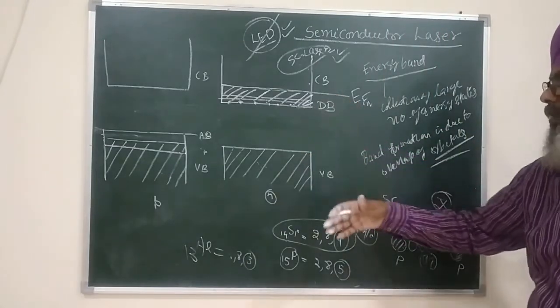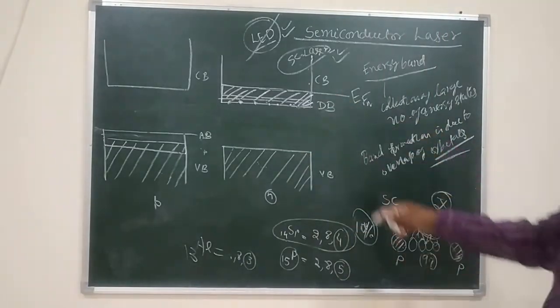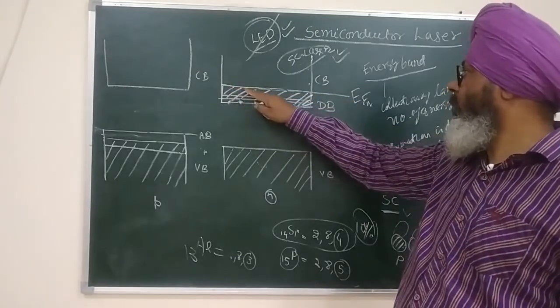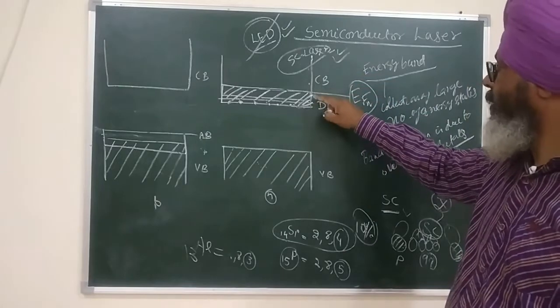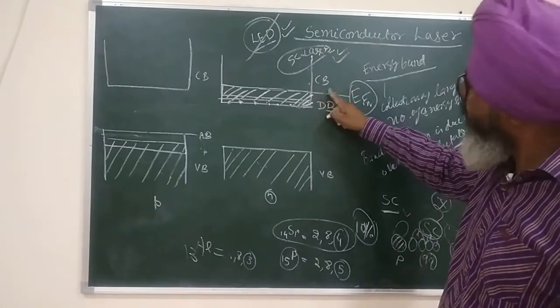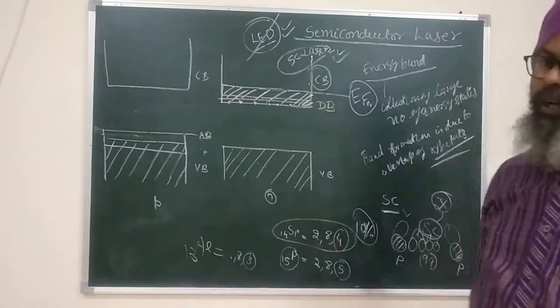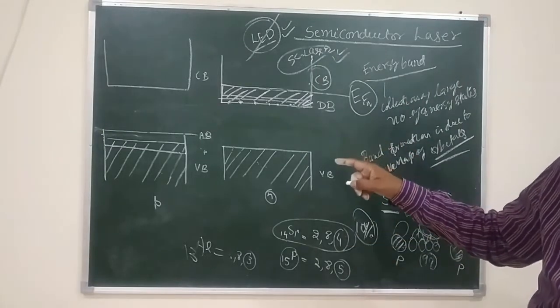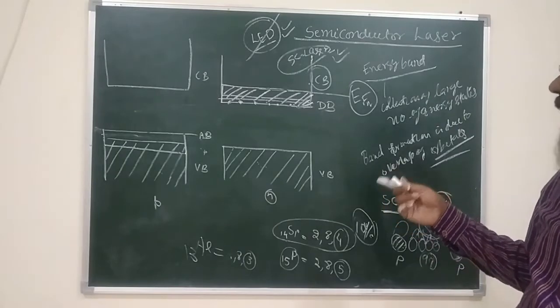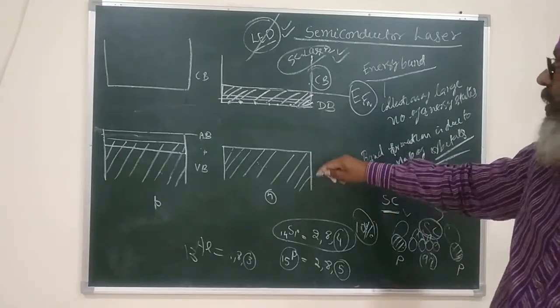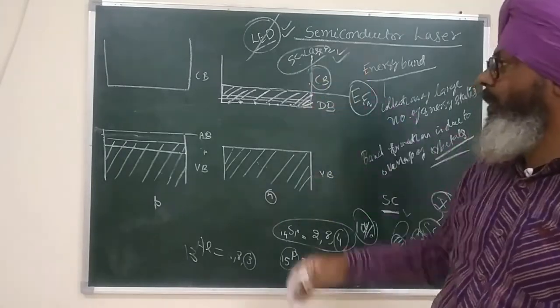Now since the donor band is spreading into the conduction band, the top edge of the donor band, which is actually the Fermi level or Fermi energy of the n-type semiconductor, will now be inside the conduction band. Kindly remember, the Fermi level of a highly doped n-type semiconductor is not in the energy gap, it is rather in the conduction band.